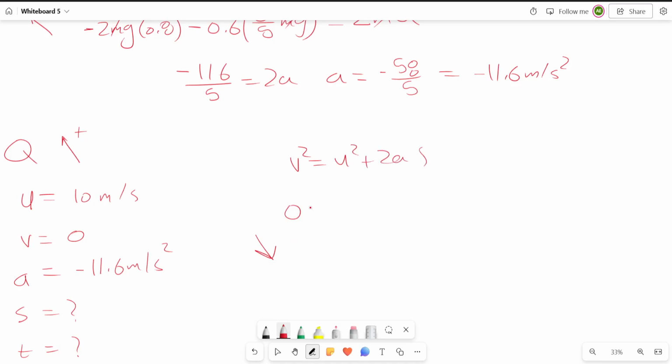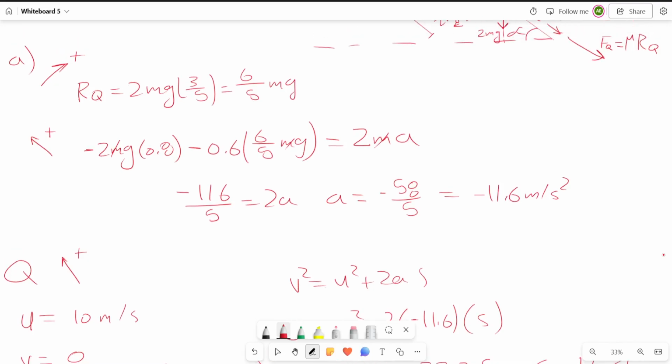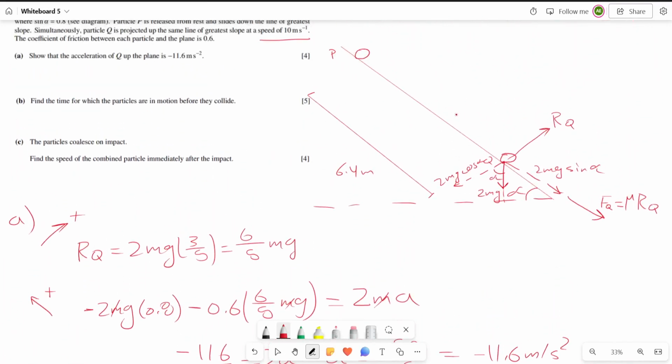So V squared is 0, U squared is 10 squared, plus 2 times negative 11.6 times S. If I move this to the other side, negative 100 equals negative 11.6 times 2, which is negative 23.2 S. So S is 100 divided by 23.2, which is 4.31 meters. So Q moved 4.31 meters until it reached a complete stop.